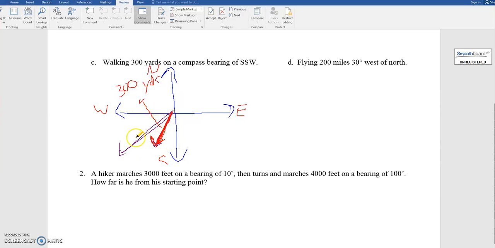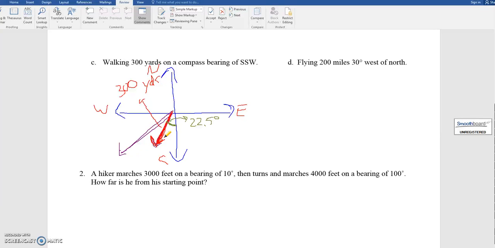That means when I split it in half with the southwest, I take half of 90, so this is 45. Now I just cut it in half again. Half of 45 is 22.5. So this angle right here was 22.5 degrees. Okay, last one.